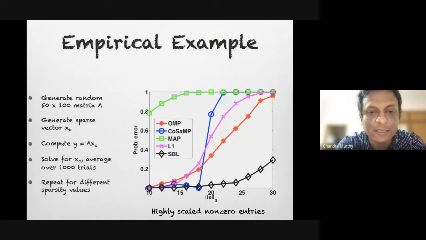But other divergence metrics between distributions can lead to other cost functions, and some of these can actually lead to significantly faster algorithms than SBL and also have similar or even better performance. So it's possible to do better than SBL also by using other types of divergence metrics, or at least you can go faster than SBL.